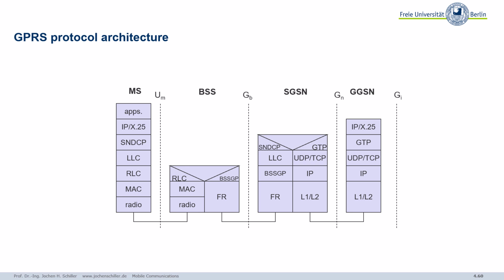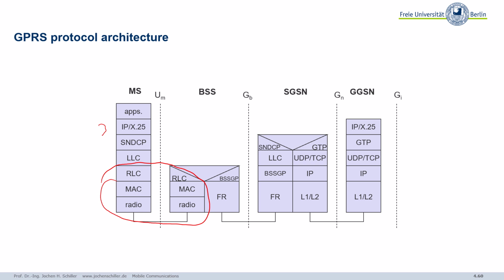GPRS also introduces new protocols. So those were the old days when not internet-only protocols dominated the communication world. So we have some special protocols still there. So this is the classical MAC and radio layer, radio link control, so layer 2 protocols, and then up to layer 3 here for routing.